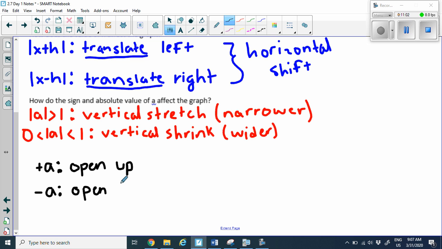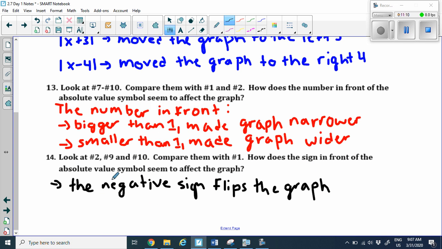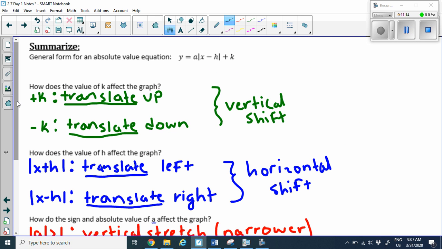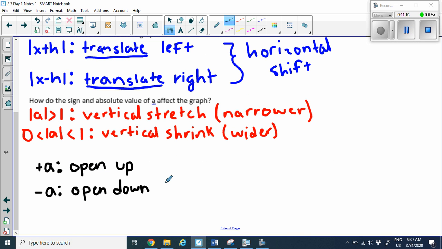And when it opens down, this is what we call a reflection. It flipped. We talked about this in our last question. The negative sign flips the graph. So another word that we like to use, and this is our key vocabulary word, is reflection.